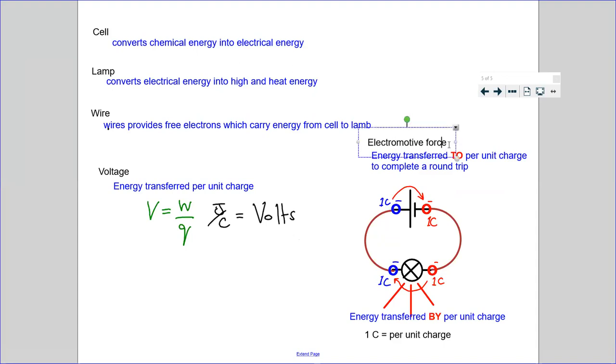Only the behavior, the reason for what it does, gives it the name electromotive force, but otherwise it is measured in volts. Why? Because it's still joule per coulomb, not Newton. Got it?